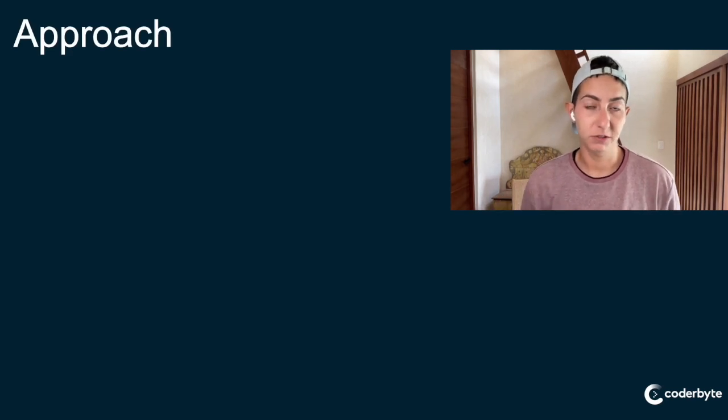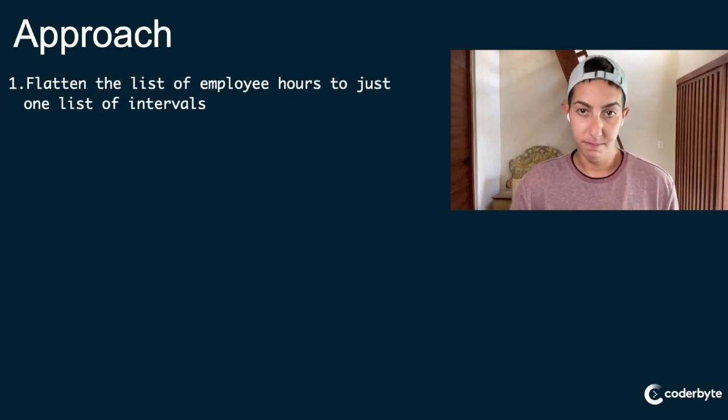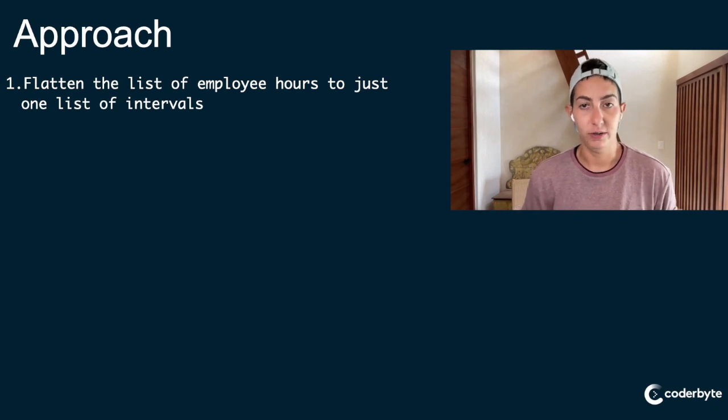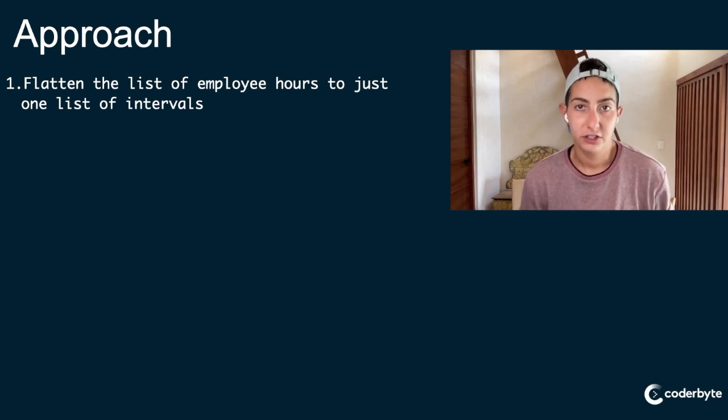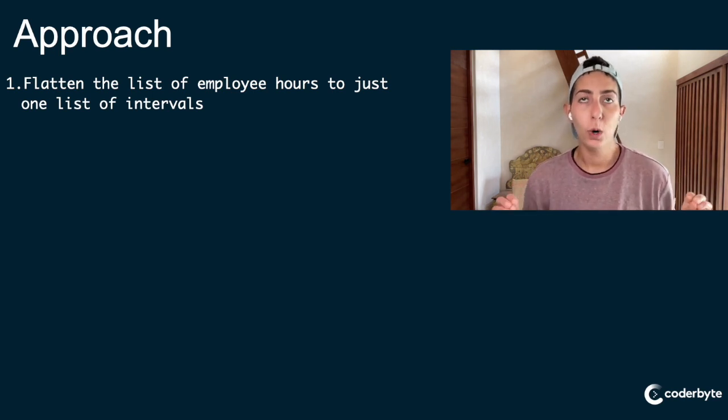Again, this is going to be similar to all the other problems. The first thing we're going to do is flatten that list of employee hours to just one list of intervals. Because rather than looking at the two lists of intervals separately, we are actually looking for what time do neither of them have any meetings or busy time.